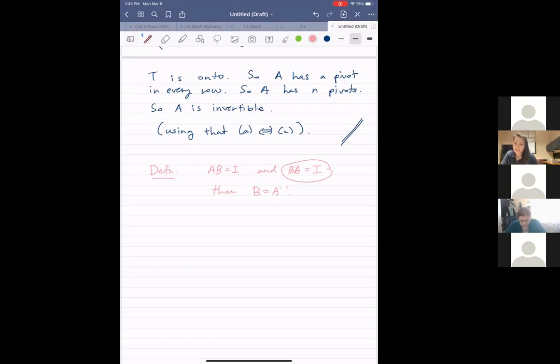Yes, in the end, that's what we get. Because by the definition, we do have to check both of them. But now we know that if we have a square matrix, we can go ahead and conclude that by having one side, or one of these equations.